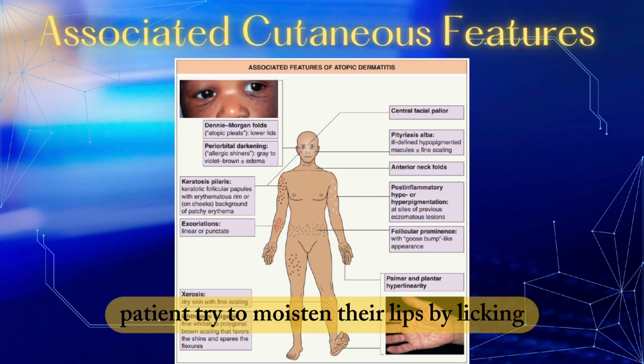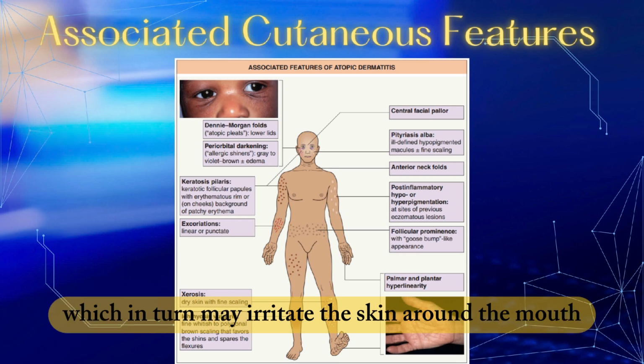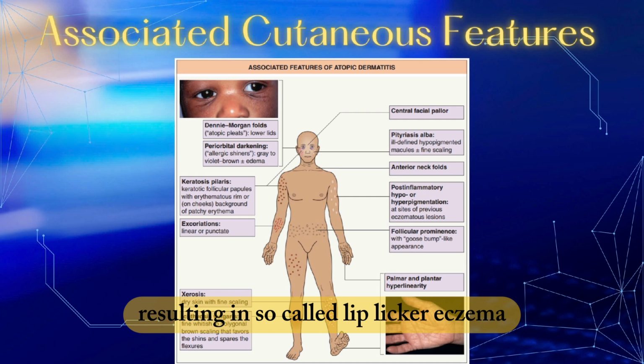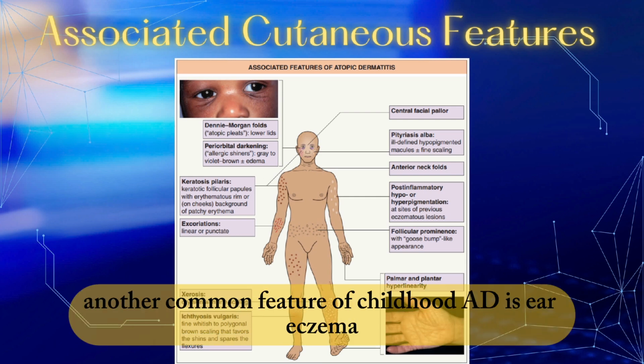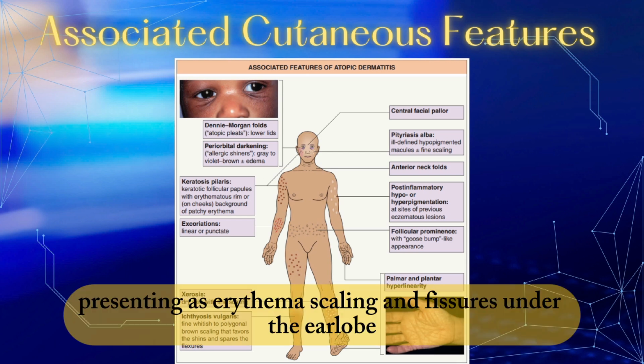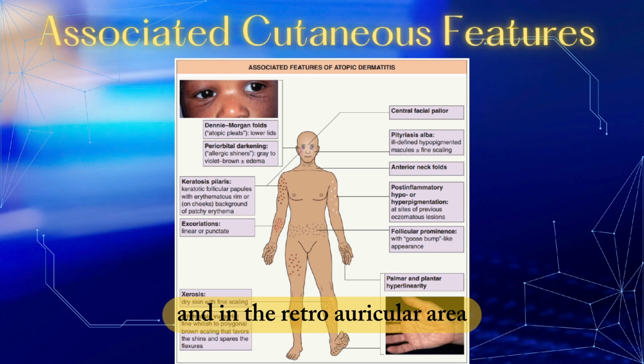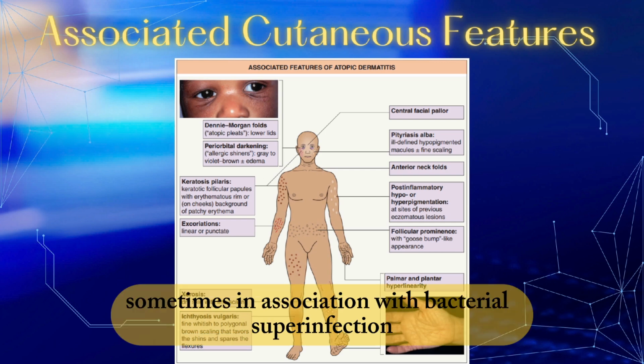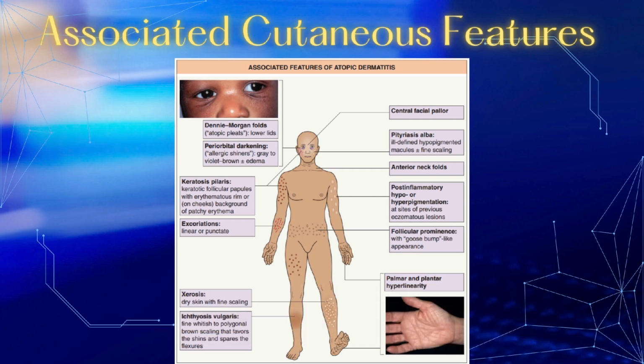Patients try to moisten their lips by licking, which in turn may irritate the skin around the mouth, resulting in so-called lip-licker eczema. Another common feature of childhood AD is ear eczema, presenting as erythema, scaling, and fissures under the earlobe and in the retroauricular area, sometimes in association with bacterial superinfection.